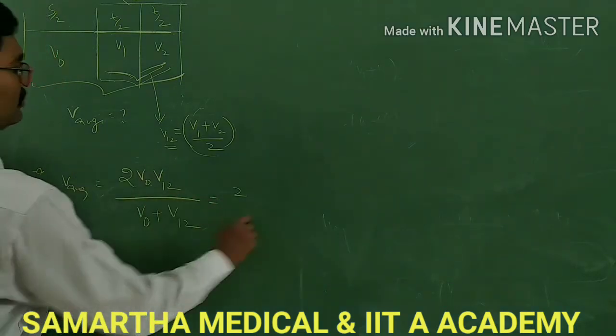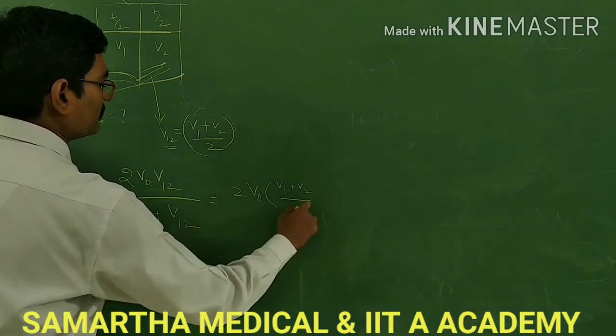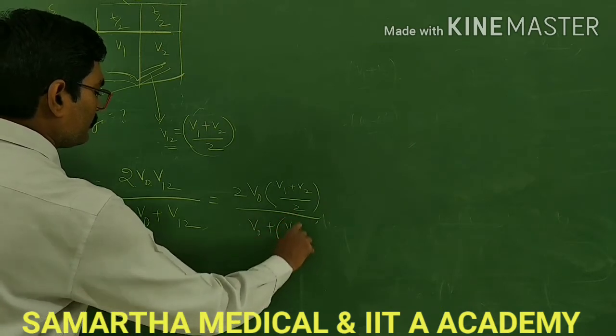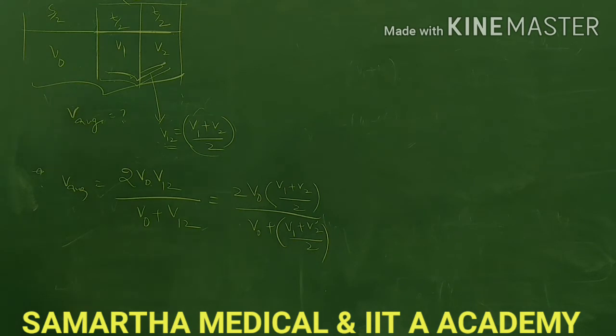V0 only, V12, V1 plus V2 by 2, by V0 plus V1 plus V2 by 2. Okay?